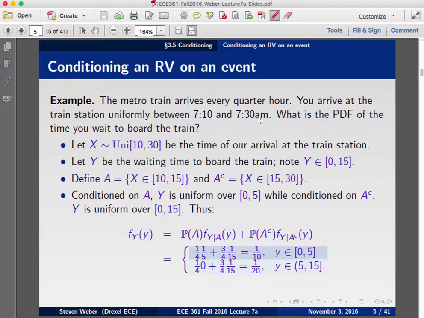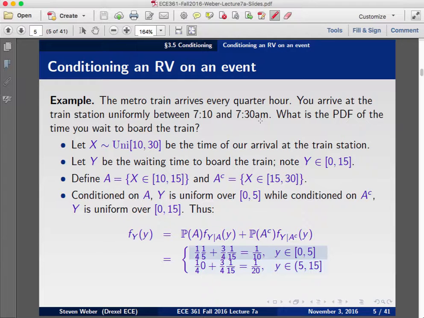So clearly, under that assumption, you're either going to catch the 7:15 train if you are arriving between 7:10 and 7:15, or you're going to catch the 7:30 train if you arrive strictly after 7:15 and between then and 7:30. And so we can define the natural random variable Y, which is going to be the waiting time to board the train, and the question is to find the PDF of the time to board the train.